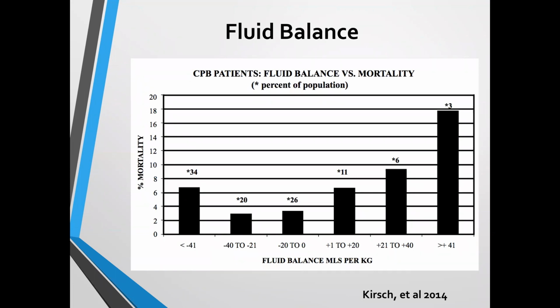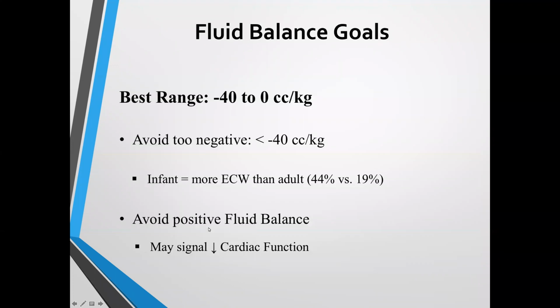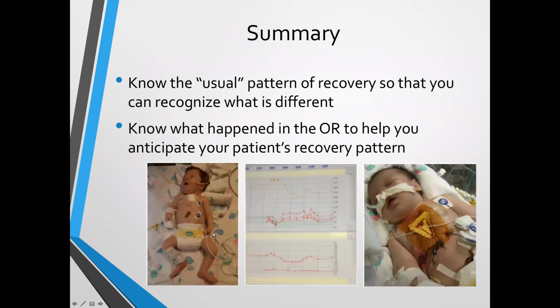The balance should be a little negative, not too much negative, the optimal one from -40 to -21 ml per kg. They found the more positive, the higher the incidence of mortality, and the more negative is also not good. The best range is between -40 and 0 cc per kg. Avoid too much negative, and also avoid too much positive, because it might affect the myocardial function.